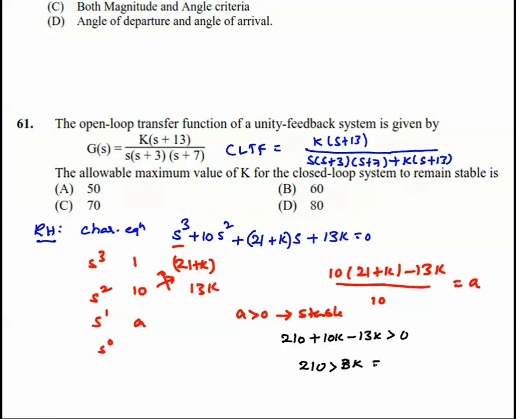That means K should be less than 70, and in the given question the allowable maximum value of K is 70 only. If you choose 80, the system will become unstable. So K should be less than or equal to 70, the maximum value here.